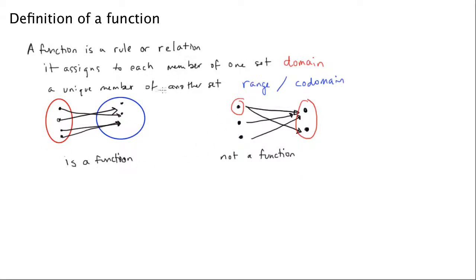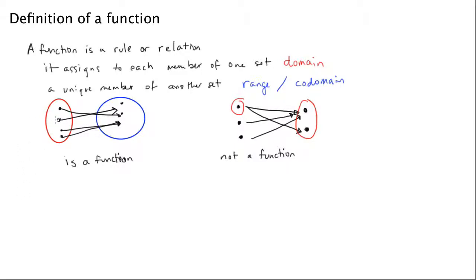Now, we have a couple of other words that we use for things which live in the domain. So these pictures and using functions just to map as arrows between dots is a bit primitive. We want to do stuff algebraically, and so in that situation, the things over here and the things over there in the range are probably going to be numbers, and we're going to represent them algebraically with variables.